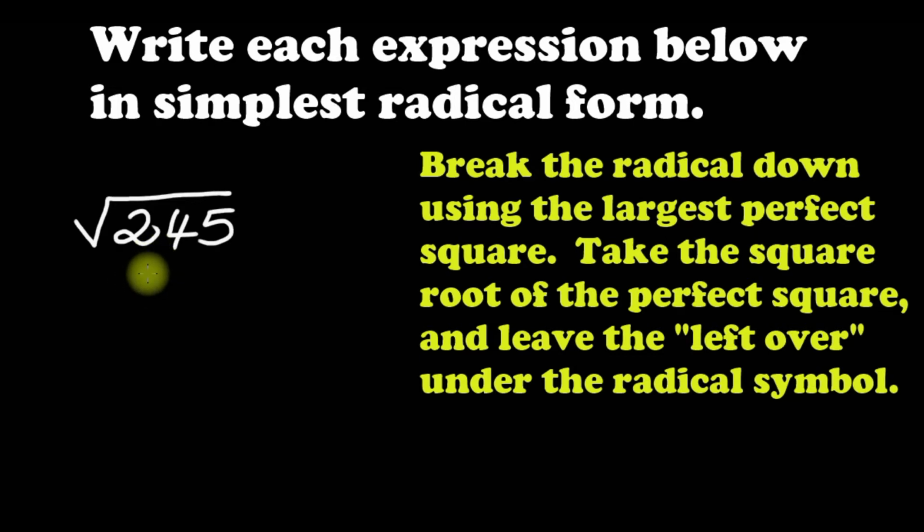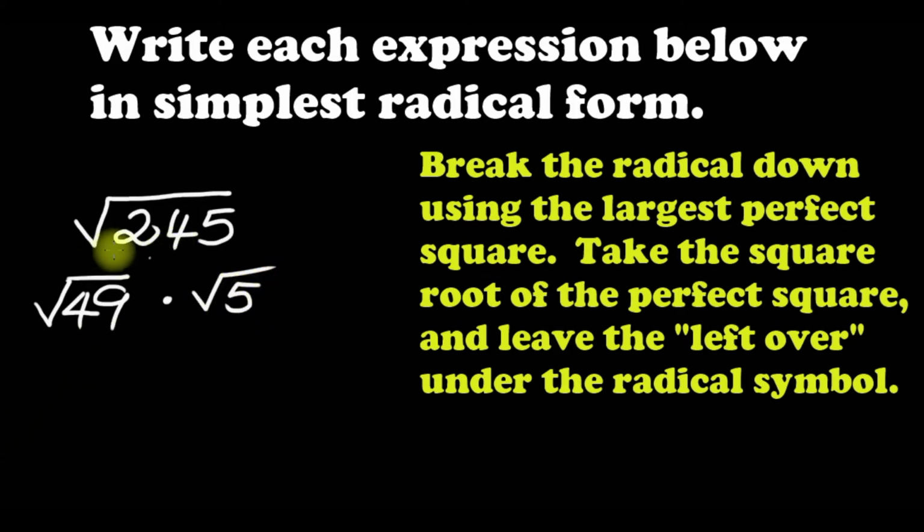So think of the largest perfect square that can go into 245. How about 49? Can 49 go into 245? Yeah, that would be 5 times. So we would like to break this up into square root of 49 times square root of 5.